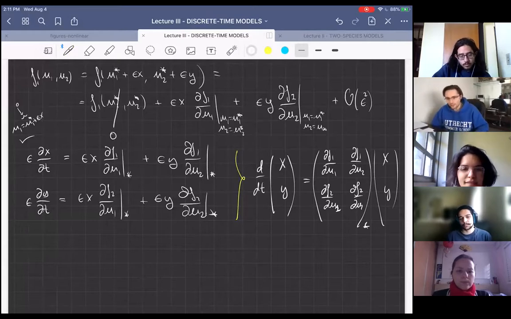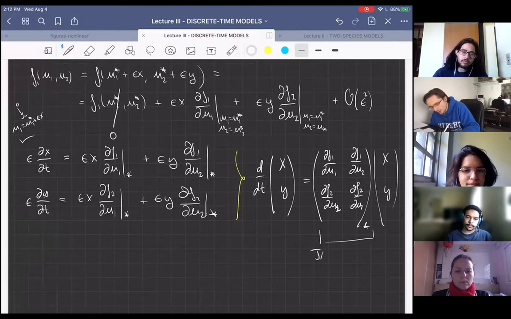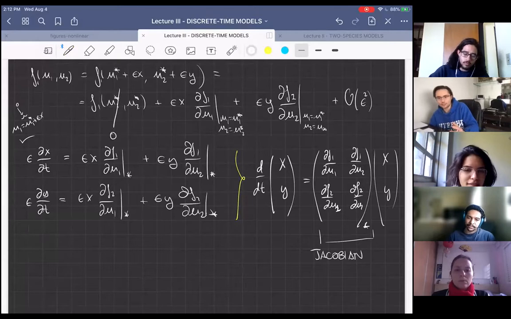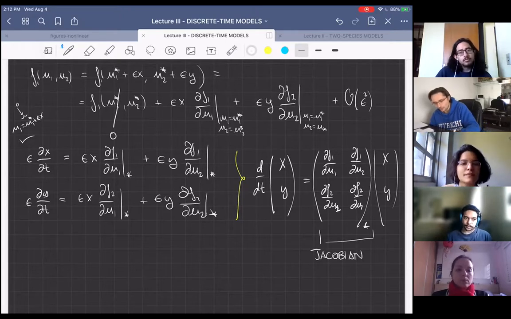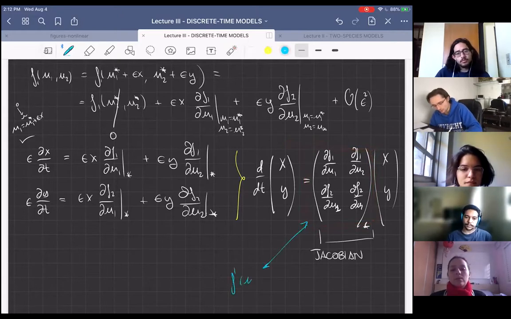So what's the first interesting thing that we have is that this matrix here is what is called the Jacobian. So basically it's a matrix where I put the first derivatives of my nonlinear functions, right? And all the information about the stability of the system will be in this matrix. This is going to be the equivalent, the 2D equivalent, if we want, to this f prime of u star that we had for the logistic growth.